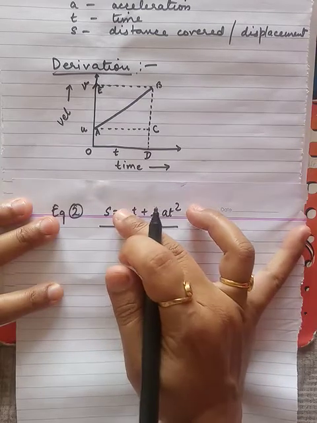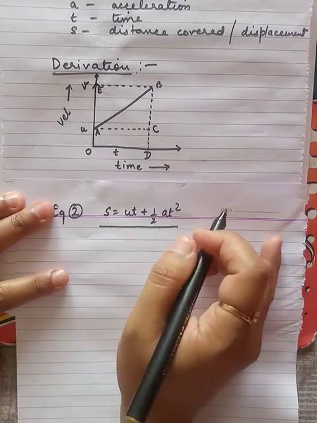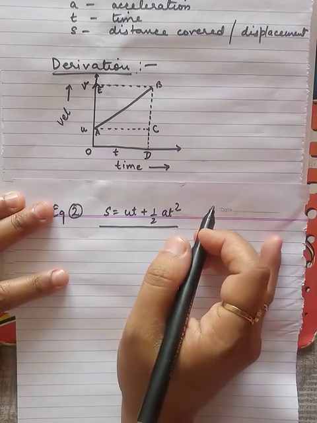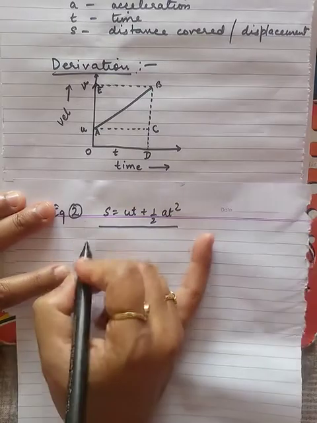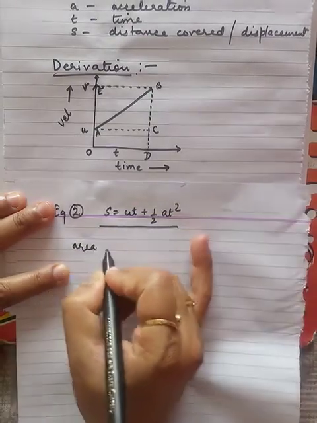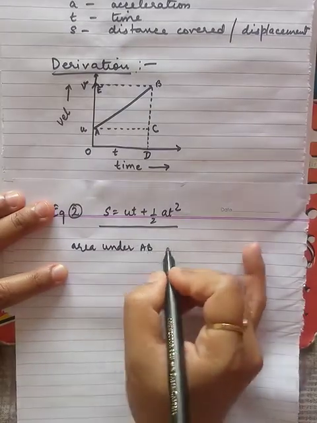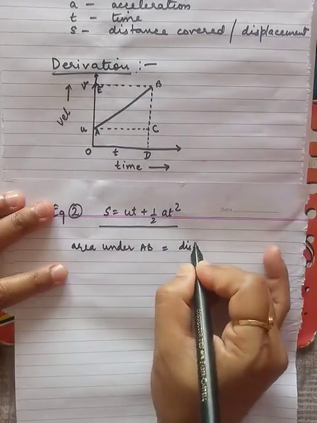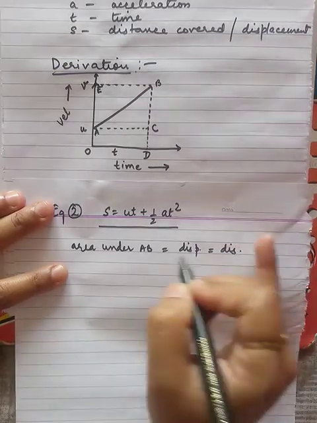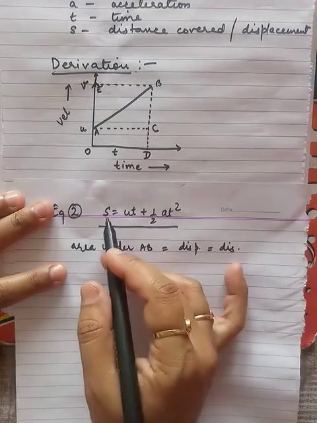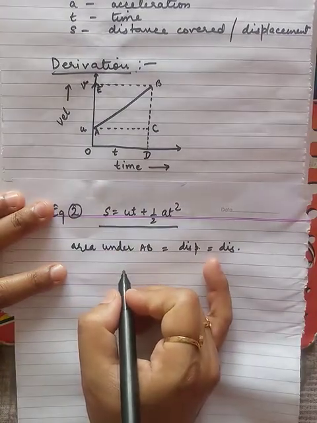Now how to find the displacement? Displacement in a velocity time graph can be found by finding the area under the graph. You remember? So area under the graph AB will be equal to displacement, or it may be equal to distance. So area under the graph, first of all we have to find out.